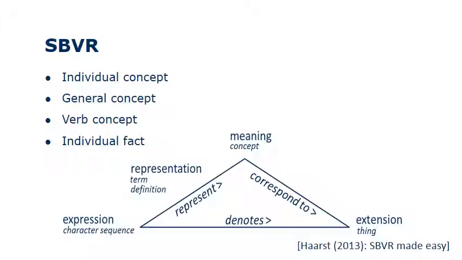SBVR introduced four concepts: individual concept, general concept, verb concept, and individual fact. And I have been inspired by an author called Halpin in his book SBVR Made Easy, which is a very nice book to read, and it tries to explain SBVR in an easy way.